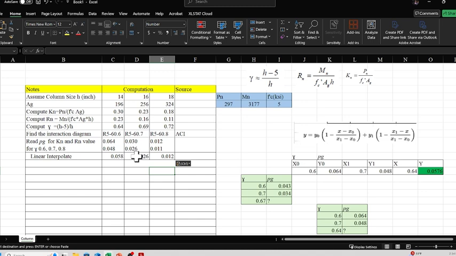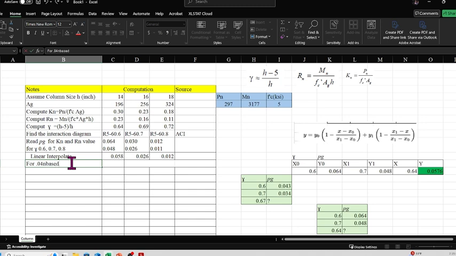So now we're going to say, okay, for 4% or 0.04, based on rho g, we're going to say use 15-inch.